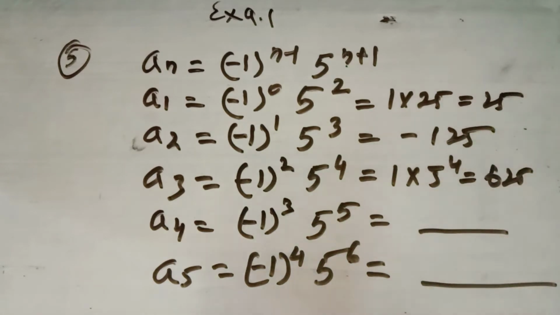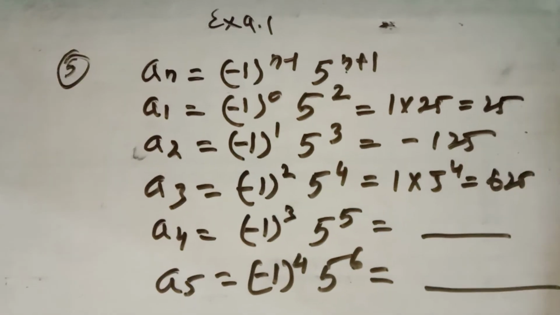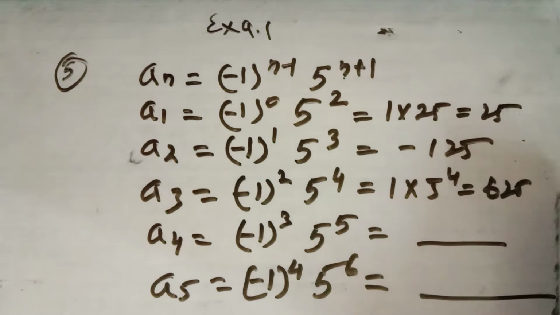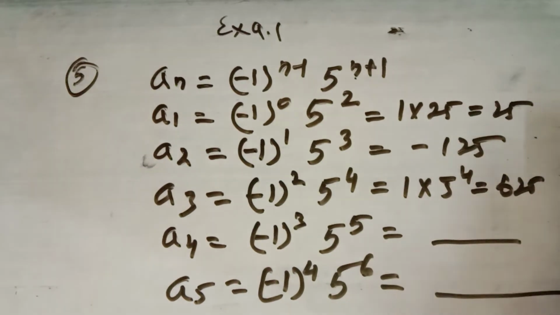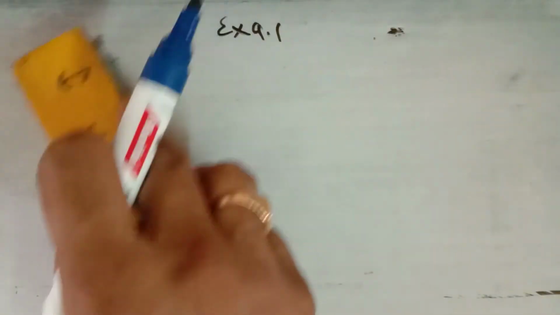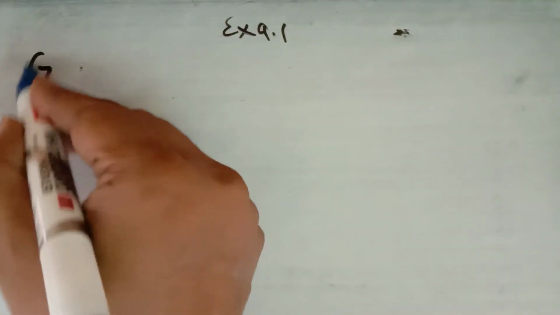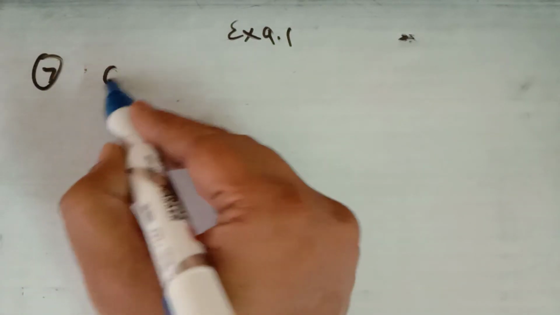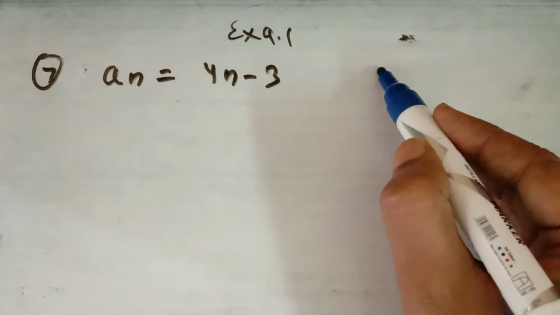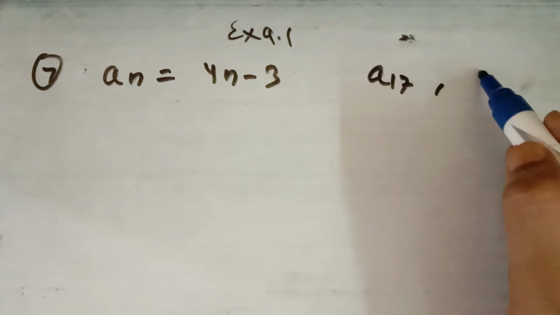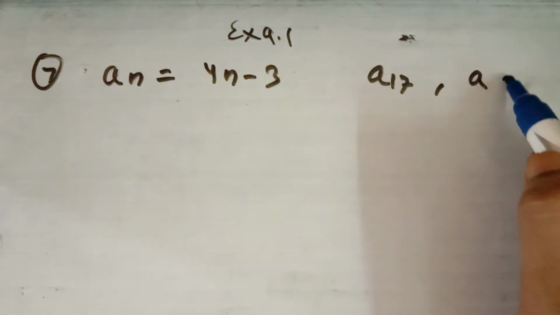Now from question number 7 to 10, the nth terms are given and you have to find the indicated terms. That is, you don't have to find all the terms, you have to find only the indicated terms. In question number 7, we have the nth term as 4n minus 3, and you have to find a17 and a24.